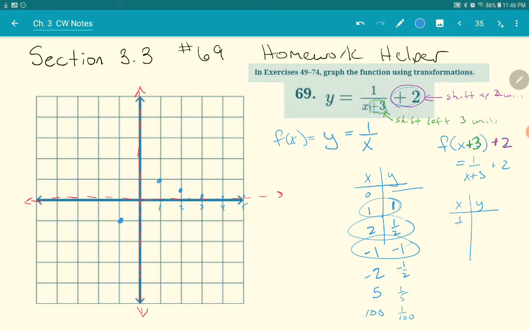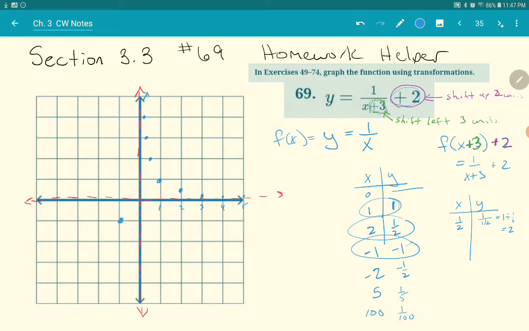If I plug in a positive 1/2, then I get 1 over 1/2, which equals 1 divided by 1/2, which equals 2. So when x is 1/2, y is 2. When x is 1/3, then y is 3. When x is 1/4, then y is 4, and so on.